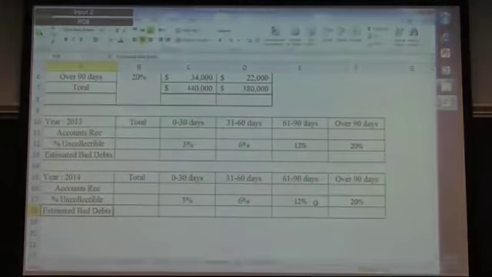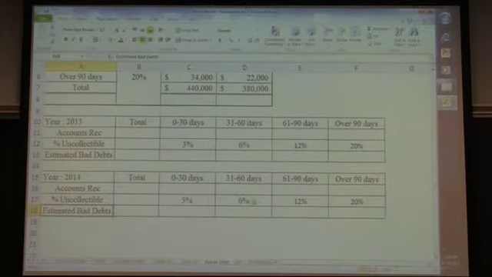Okay, so let's take a look at the question together here. To start with, I have restated the format of my aging schedule because I wanted to figure out how much I needed to provide for at the end of 2013 and 2014 for the bad debts.